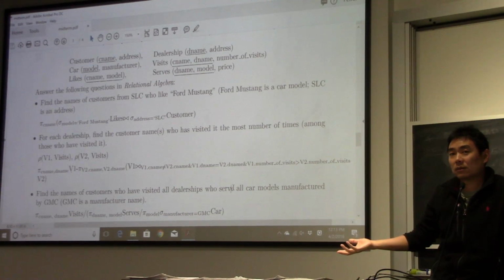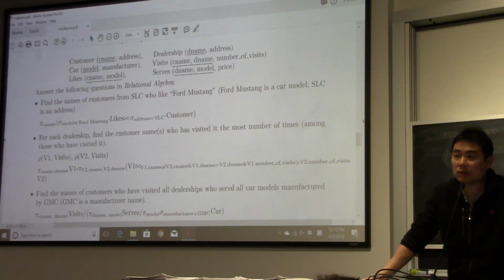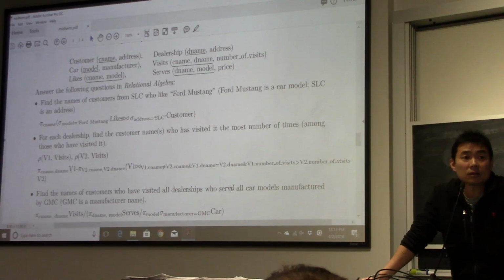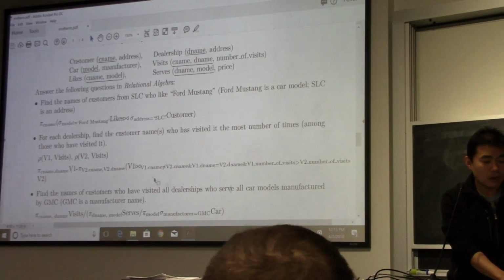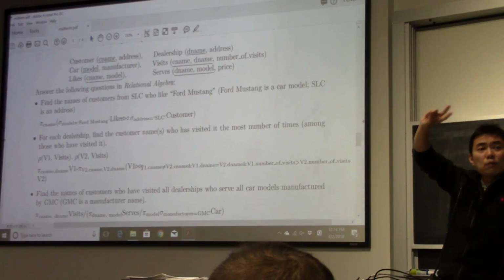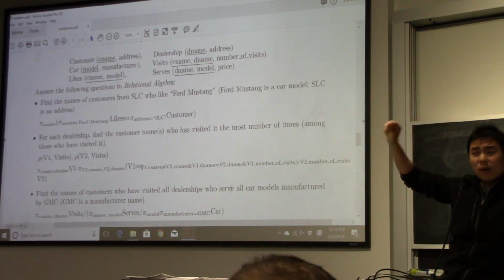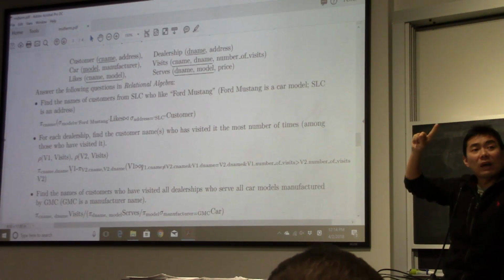It's essentially the same. The first one is really just a join. If you cannot get this right, this is really giving you points. It's really trivial. The second one is similar to two problems from your homework. One is, which bank issues more than one credit card?